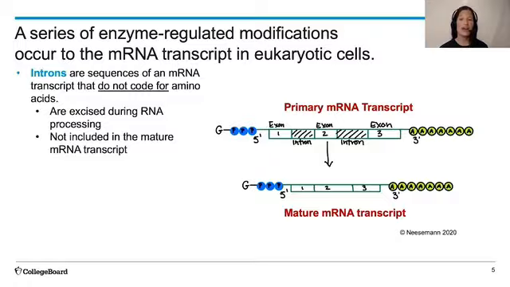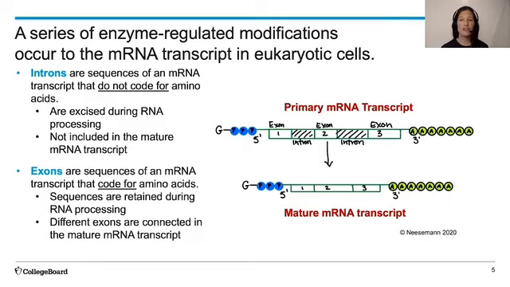exons. So our introns are the sequences of mRNA that do not code for amino acids. They are excised or removed during RNA processing, and so they are then not included in the mRNA transcript. Alternatively, we have the sequences called exons.